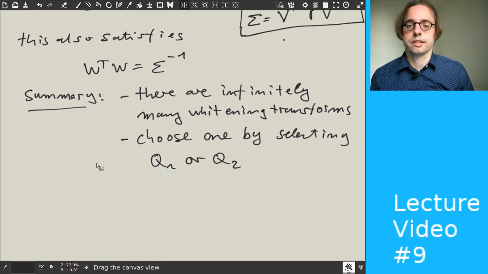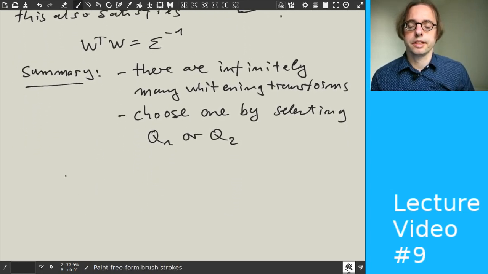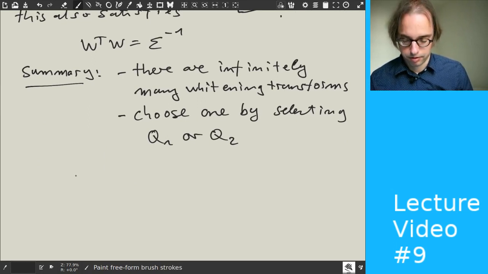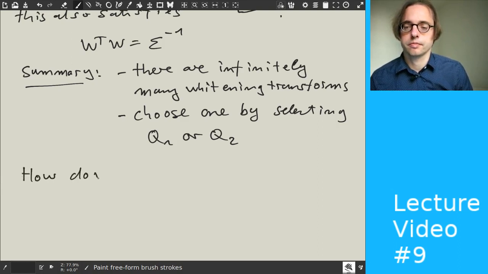So the question is really, how do we actually choose Q1 or Q2? How do we pick Q1 or Q2?